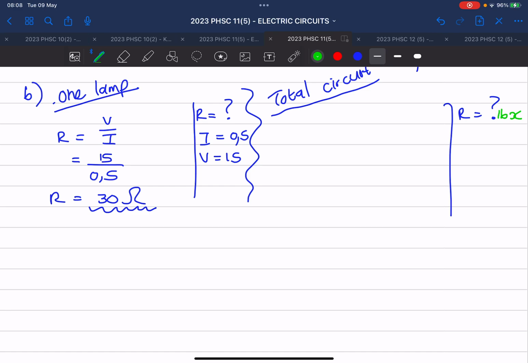The current is still 0.5 because the current goes through all of them, and the total volts is 240. So the formula is R is V over I: at R you fill in 16X, at the volts 240, and at the current 0.5.